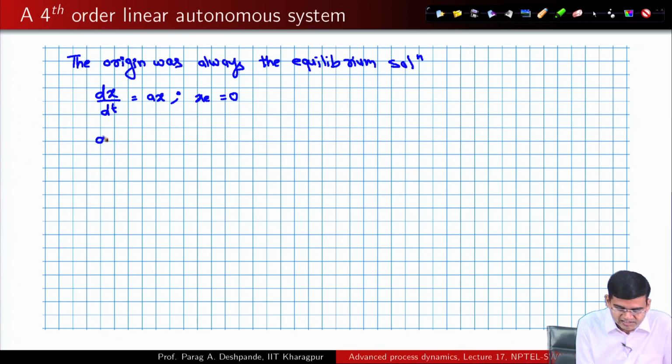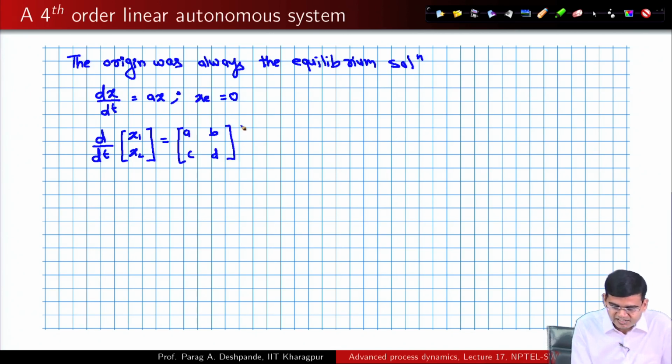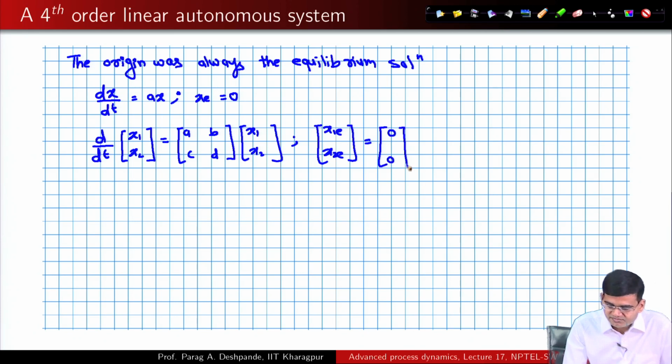When we took examples like this, dx/dt = [[a, b], [c, d]] [x1, x2], the equilibrium solution x1 equilibrium, x2 equilibrium was 0, 0.